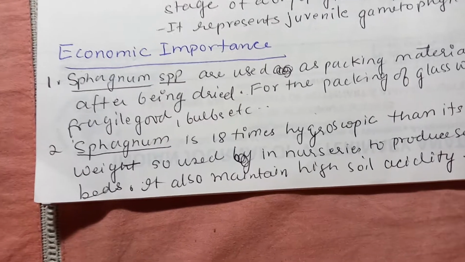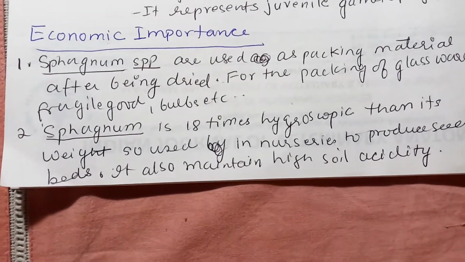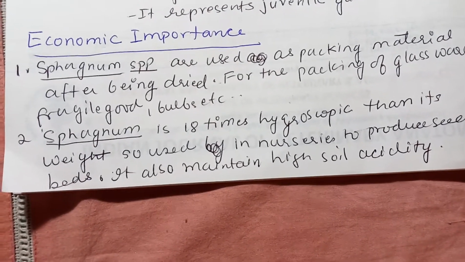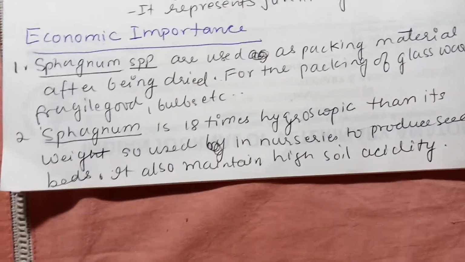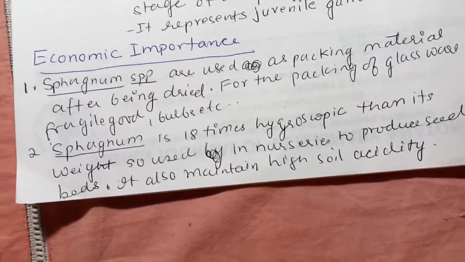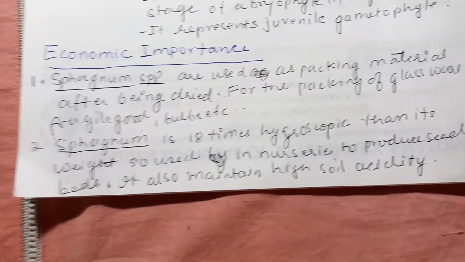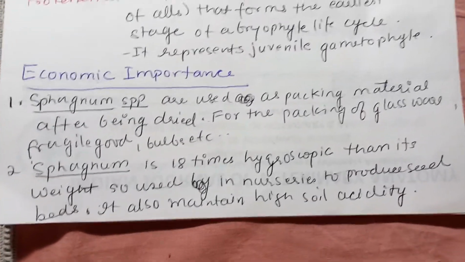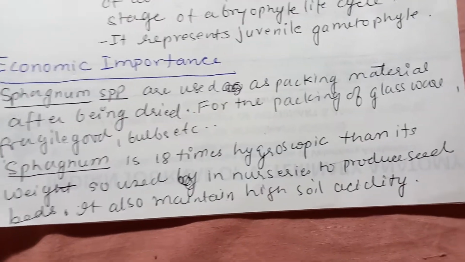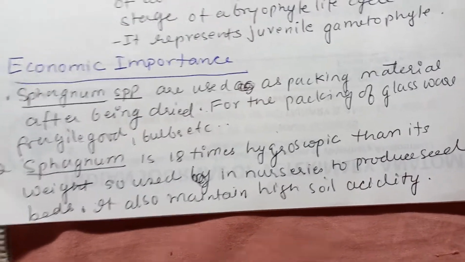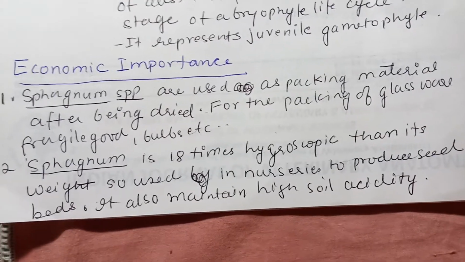Then sphagnum is 18 times more hygroscopic than its weight, meaning it can absorb a lot of water, just like a sponge, more than the capacity of a sponge. So it is used in nurseries to produce beds, and it is also used to maintain soil acidity.